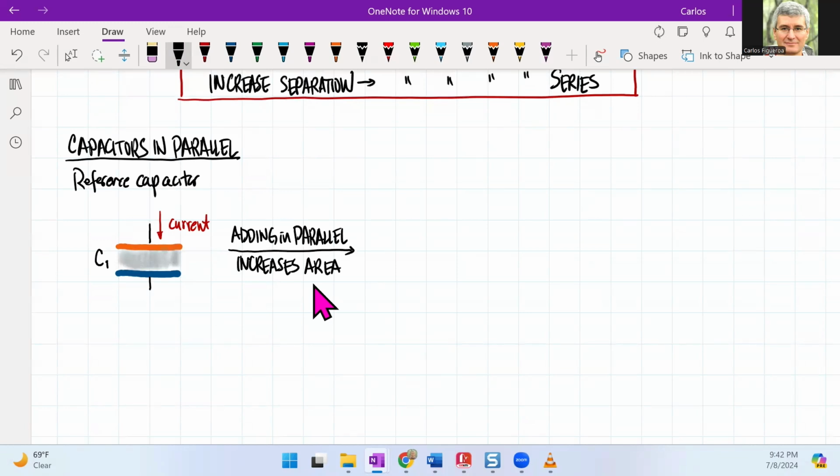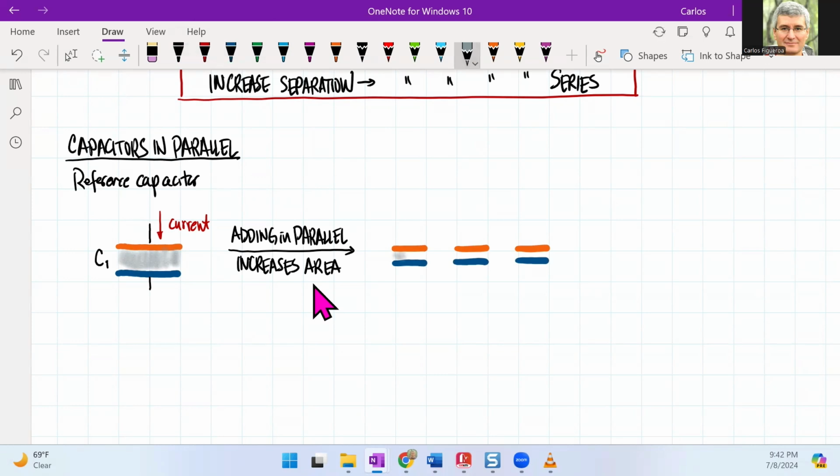So what does that mean? Well, let's think about three capacitors in parallel. I'm afraid of running out of space, so I'm only going to draw 1, 2, 3. And then I'm going to draw my plate here like this.